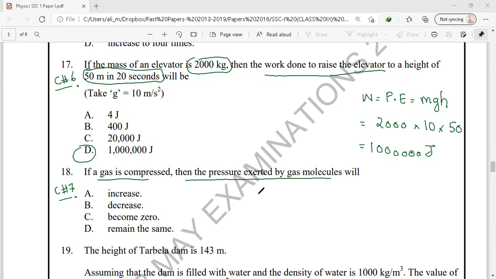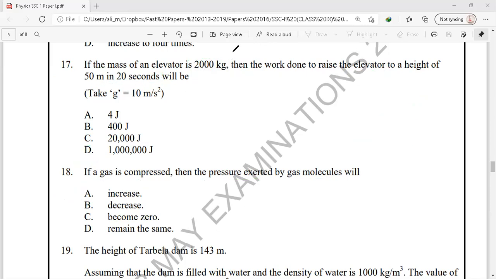Whenever we compress or shrink the volume of the gas, the particles present in the gas will move with greater velocities, and they will strike one another and the wall of the gas container more frequently. So whenever we compress the gas, the pressure exerted by the gas molecules will increase. So the correct option for question 18 is option A.